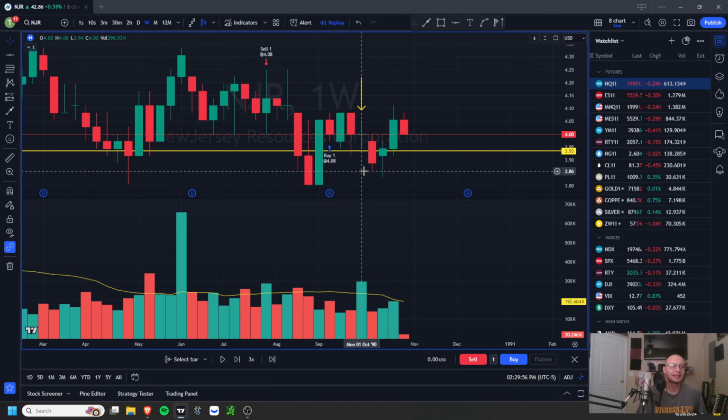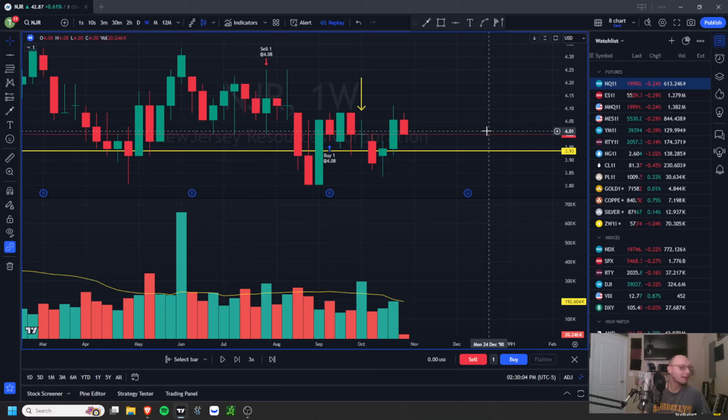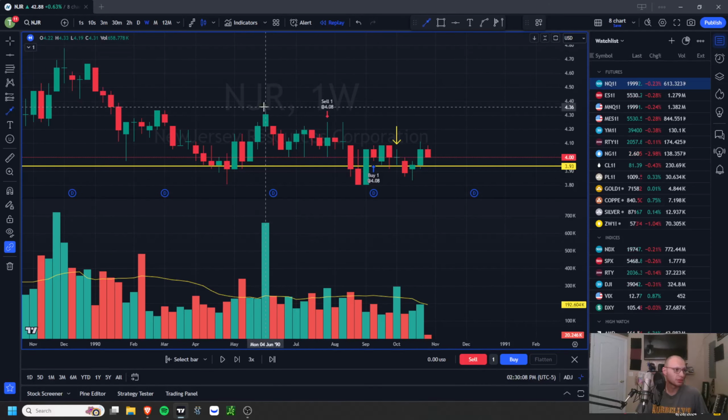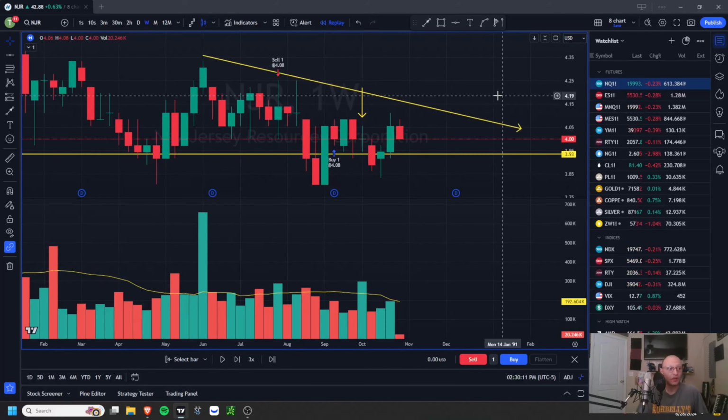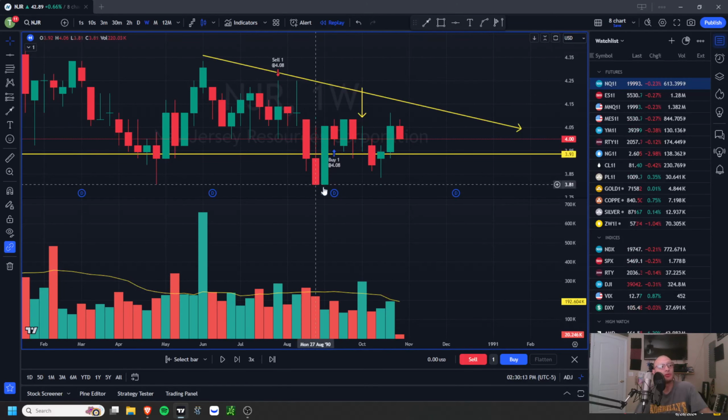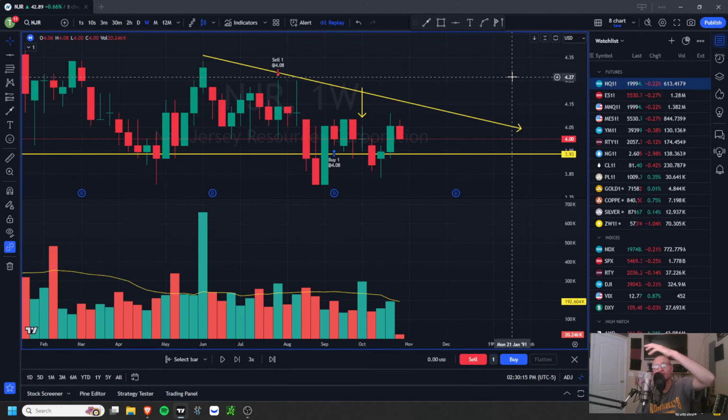I'm not going to be penny pinching over what could be a nice trade. When you see demand like this, I know I'm talking a little quick, when you see demand like this, possible capitulation here, I'm going to say this thing could move, especially if we have some kind of trend line here and we didn't move all the way up and we didn't get interest at the highs. It could move.